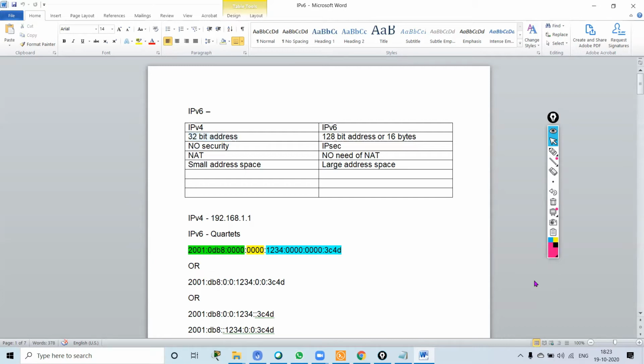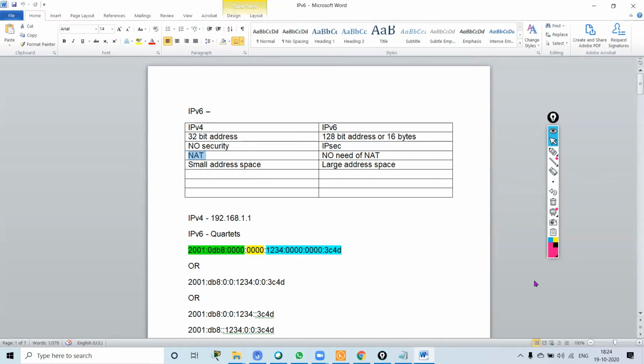Now, as I told you, we need to do natting to use the IP addresses in very efficient ways. To use each and every IP address efficiently, we need natting. Correct?